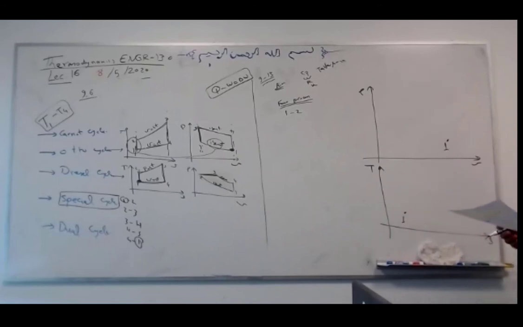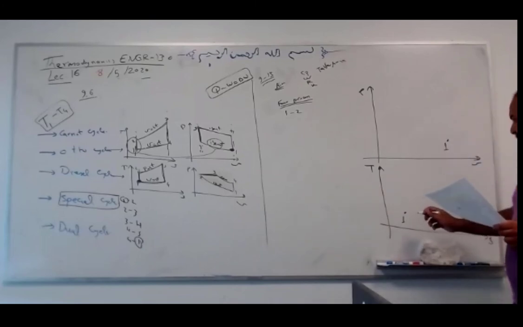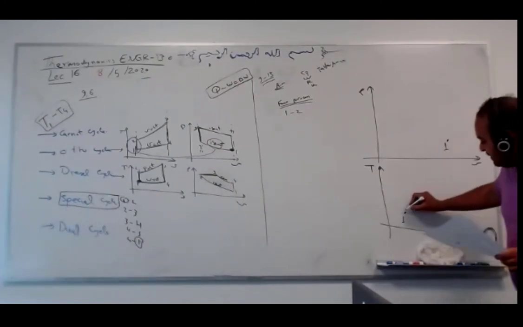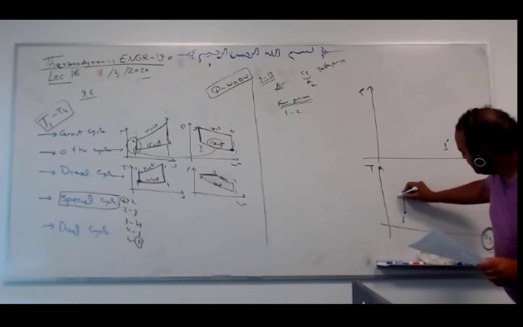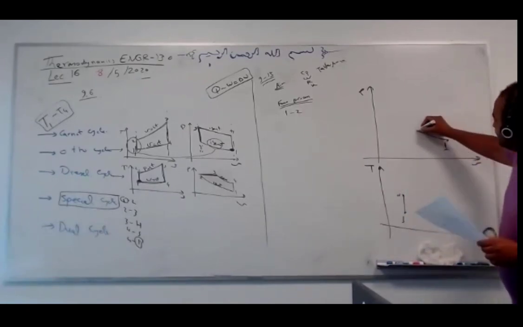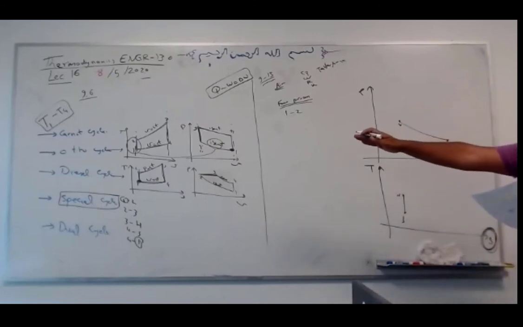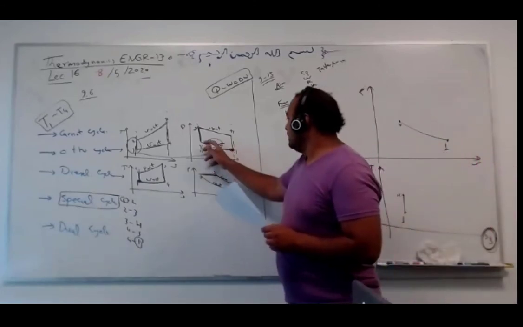I was just reading the question, not the curve. Isentropic compression. It means constant entropy, so vertical. Perfect. This is 2. Isentropic here in PV is slanted like this, like what we did before.